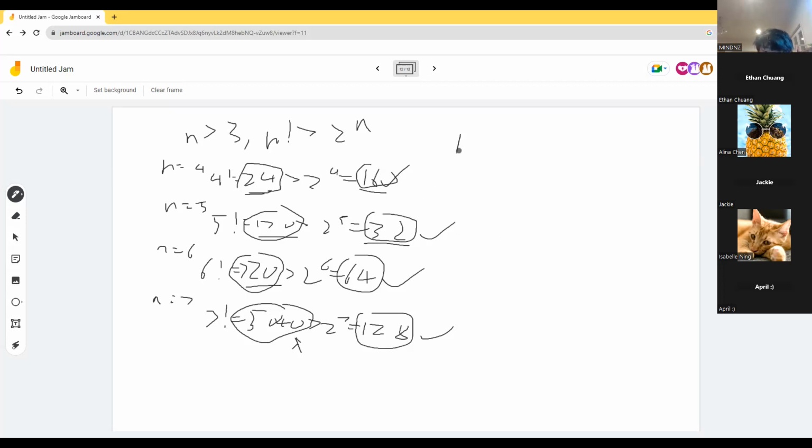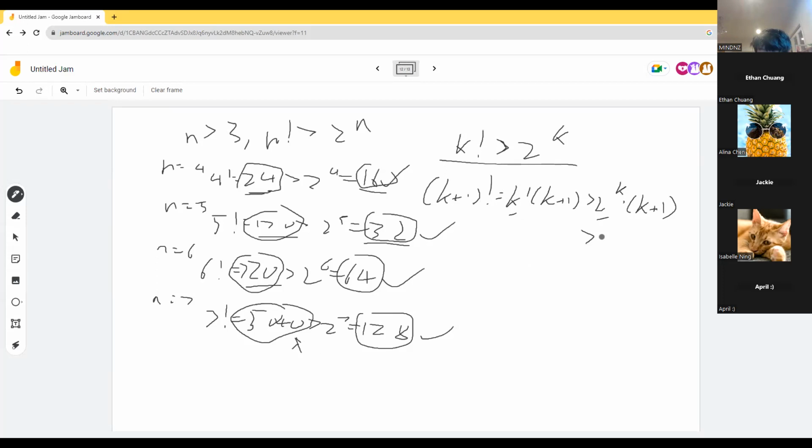Okay, so assume k factorial is bigger than 2 to the k for some k. Then k plus 1 factorial is equal to k factorial times k plus 1, which is bigger than 2 to the k times k plus 1, right? Because we have this. And this is bigger than 2 to the k times 2, because k is already bigger than 3.